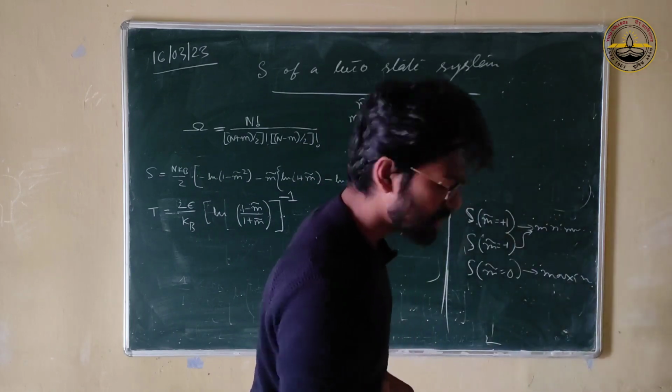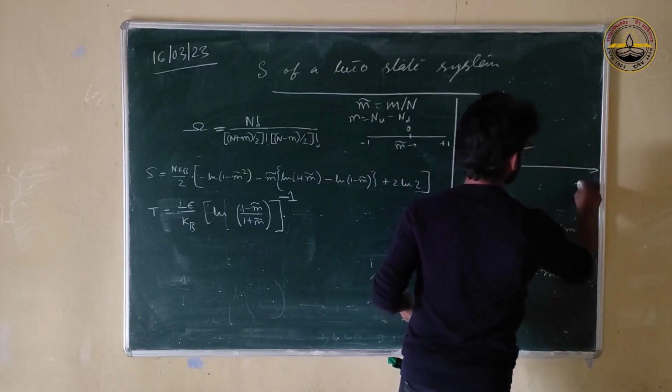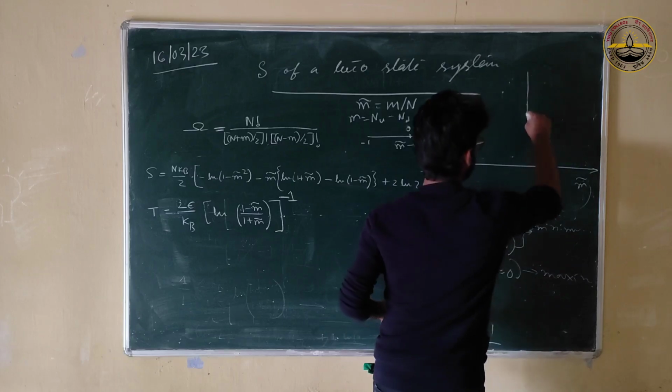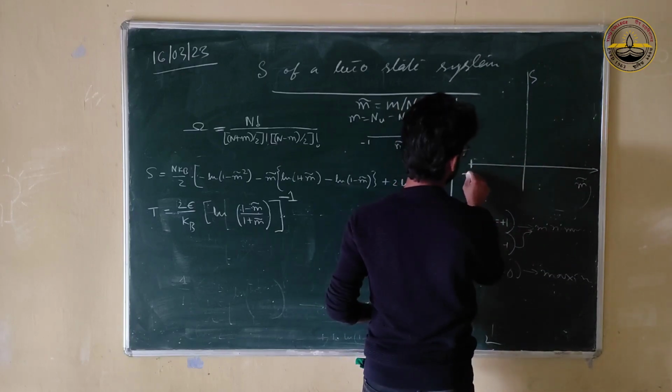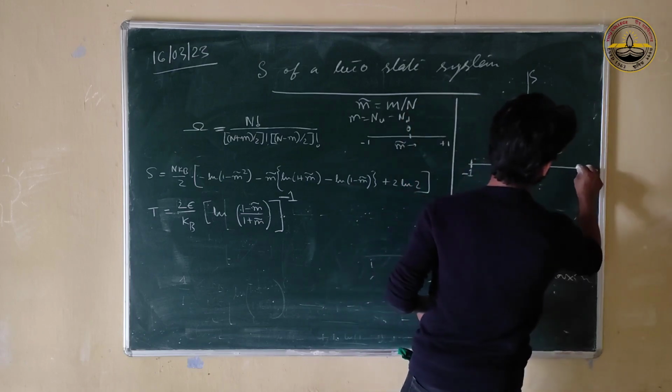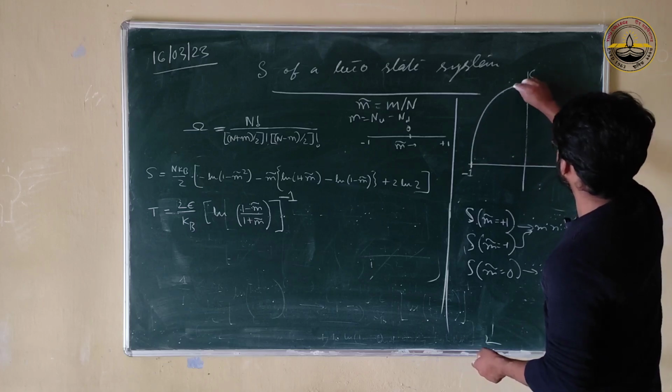So if we plot the entropy, let's say this is m tilde equal to -1, this is m tilde equal to +1, our entropy function will look something like this.